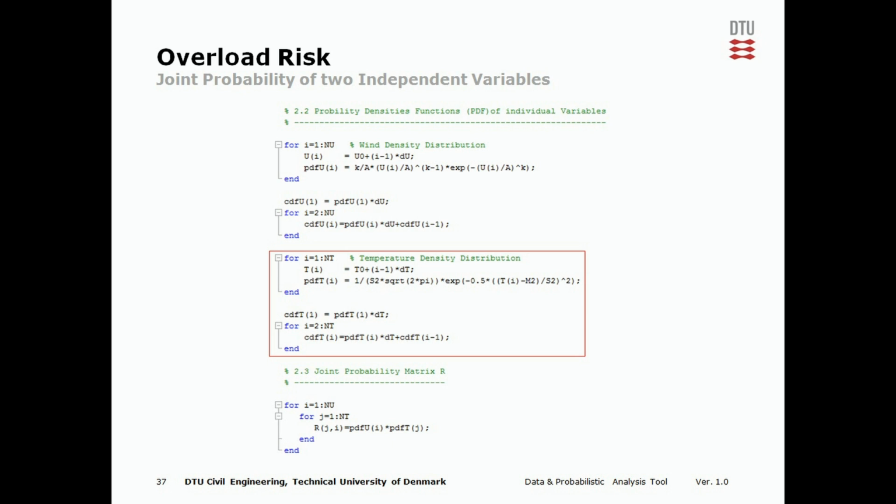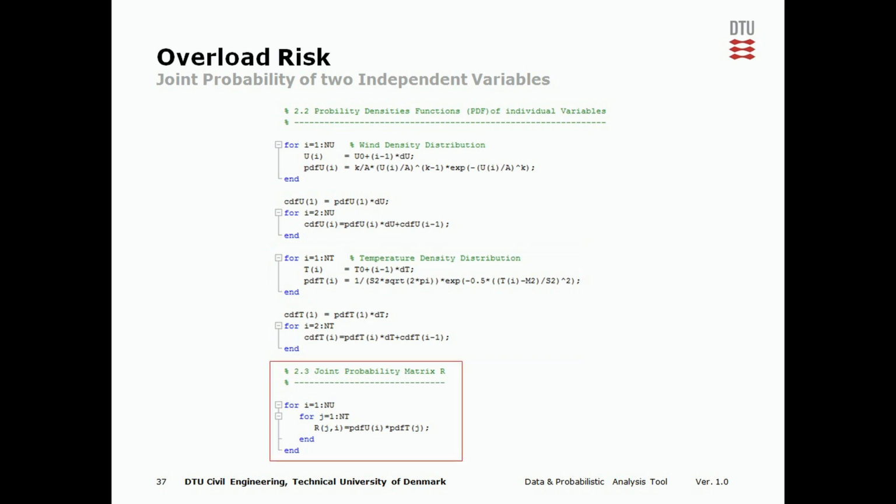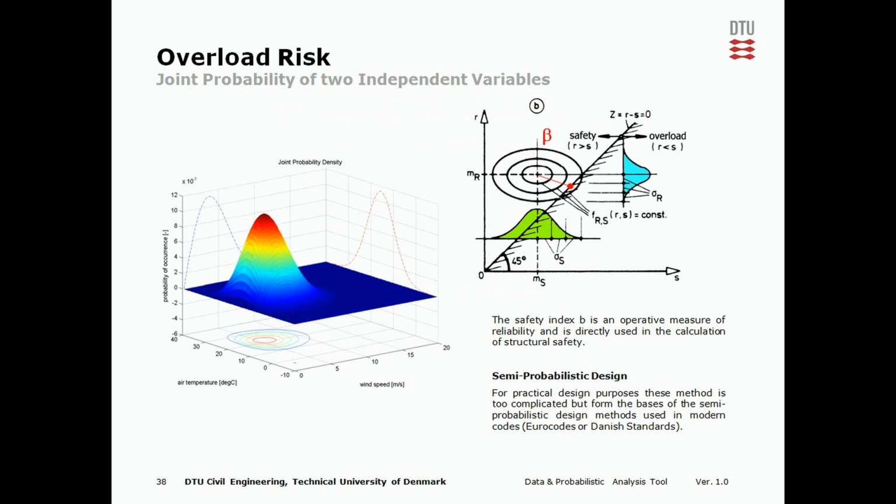So again we assume a sufficient independence of both, and we calculate the joint probability by combining the probability of each contribution from wind with temperature with each other, and that can be plotted as a three-dimensional graph.